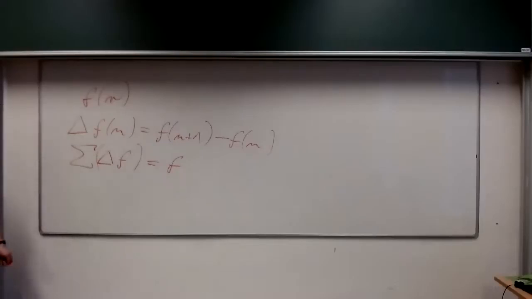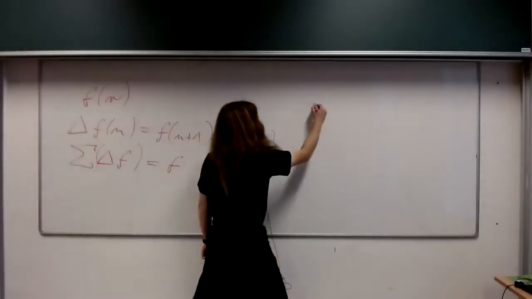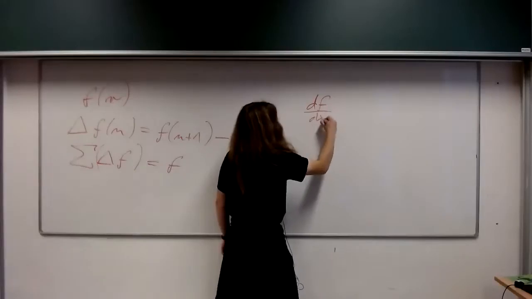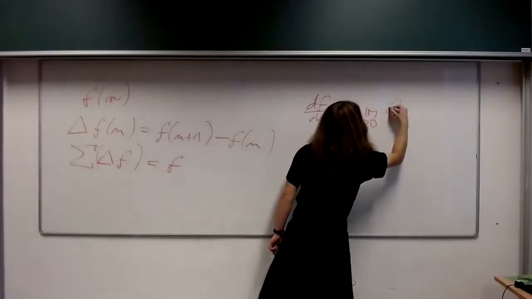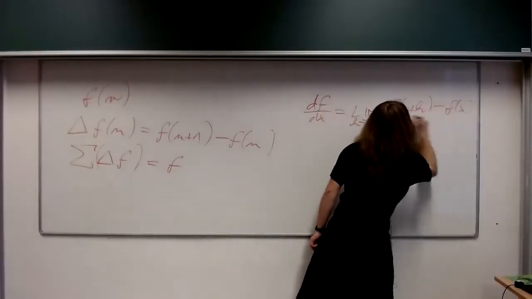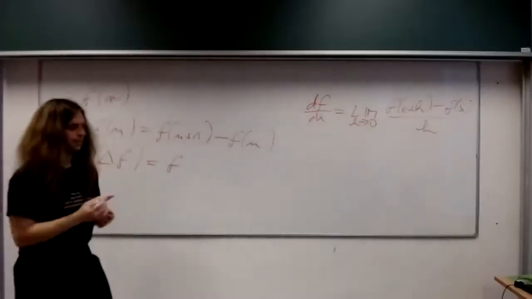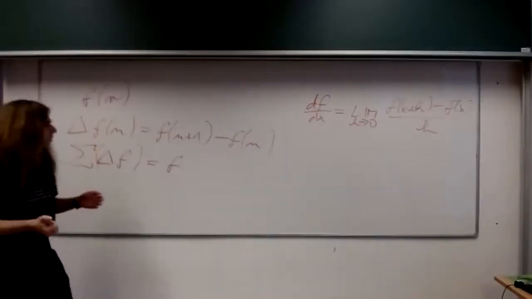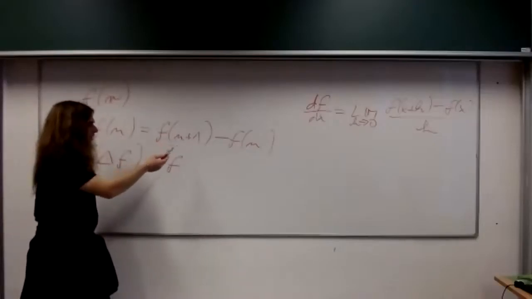So you can see that this is entirely parallel to the definitions in calculus, where you have the derivative and the integral is just an antiderivative. So the only difference is the size of the step here.